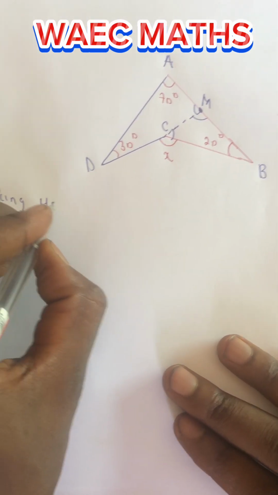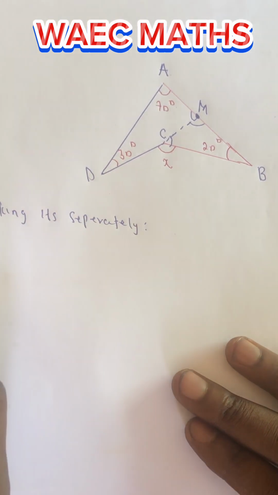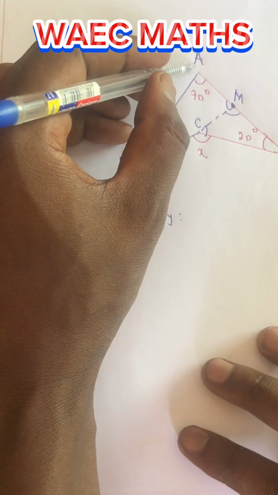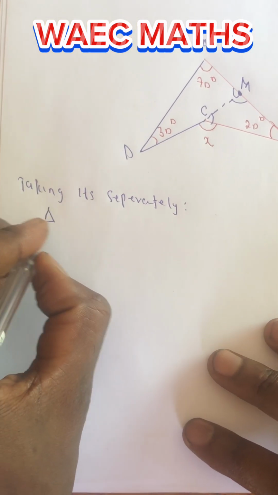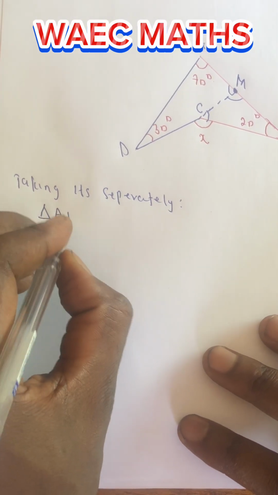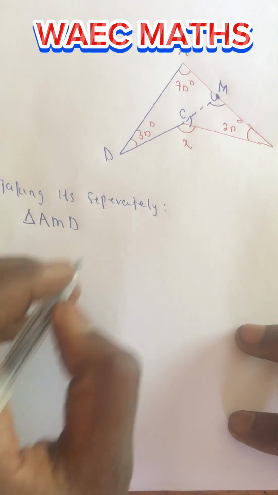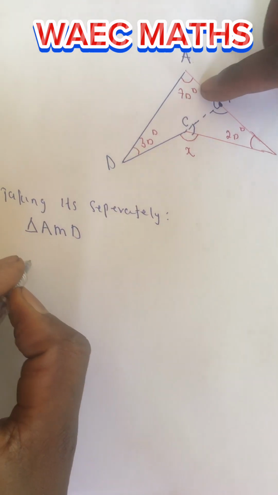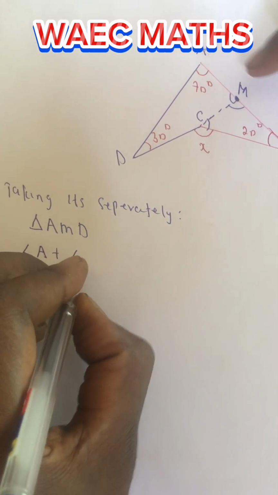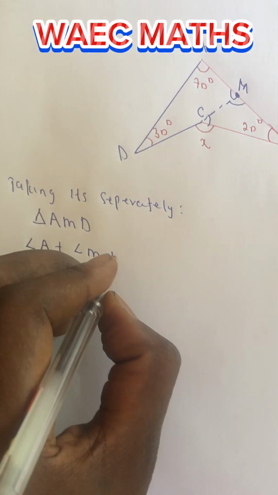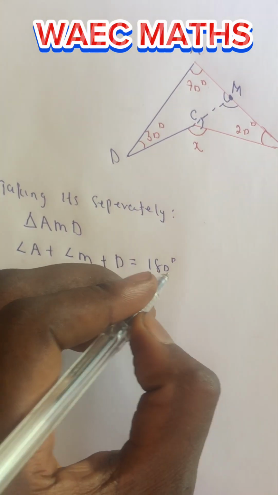taking it separately, what it implies is that if I consider this triangle taken separately, triangle AMD, we're going to notice that angle A plus angle M plus angle D is equal to 180 degrees.